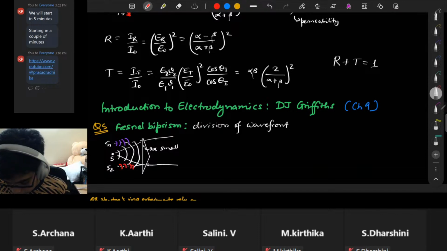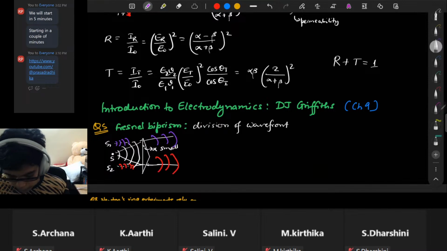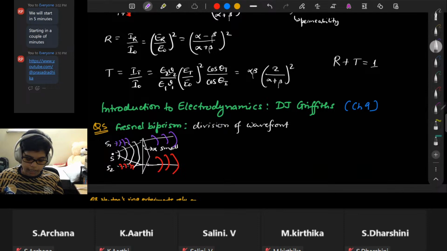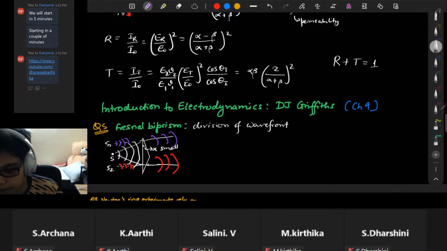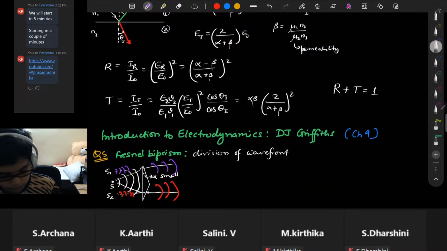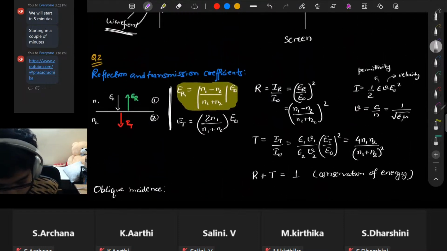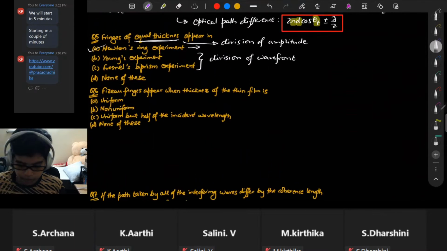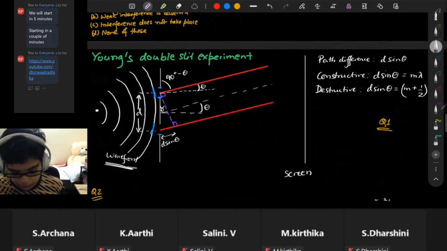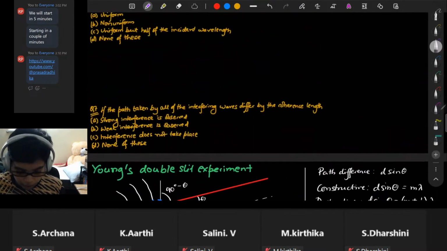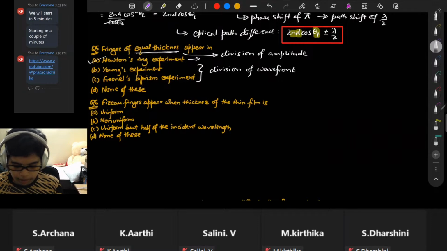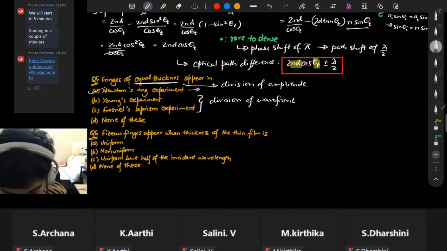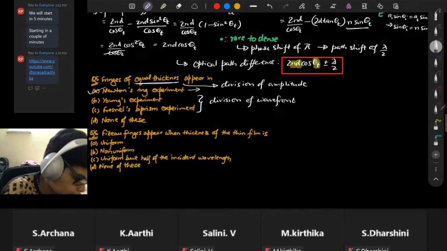And when these wavefronts are there, they will interfere, and so it is an interference effect of division of wavefront. Similarly, Young's experiment we saw was division of wavefront, and Newton's ring is division of amplitude, and it is fringes of equal thickness.